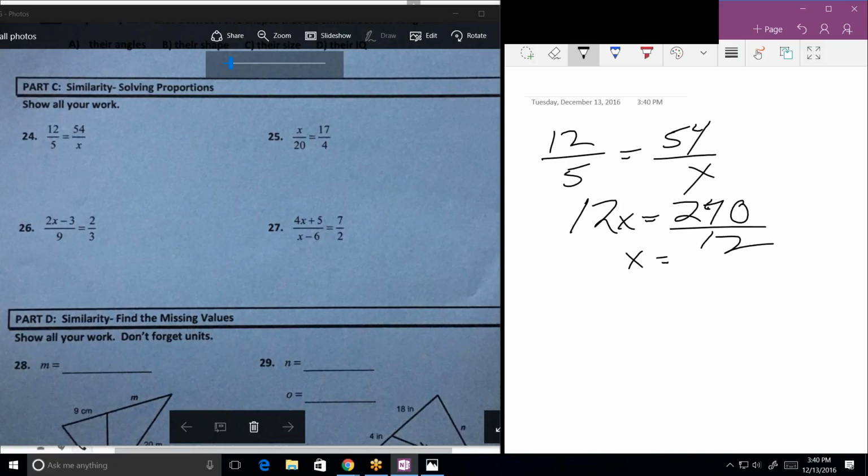And then you divide each side by 12. What number? I don't think it's a round number. It's 22.5.